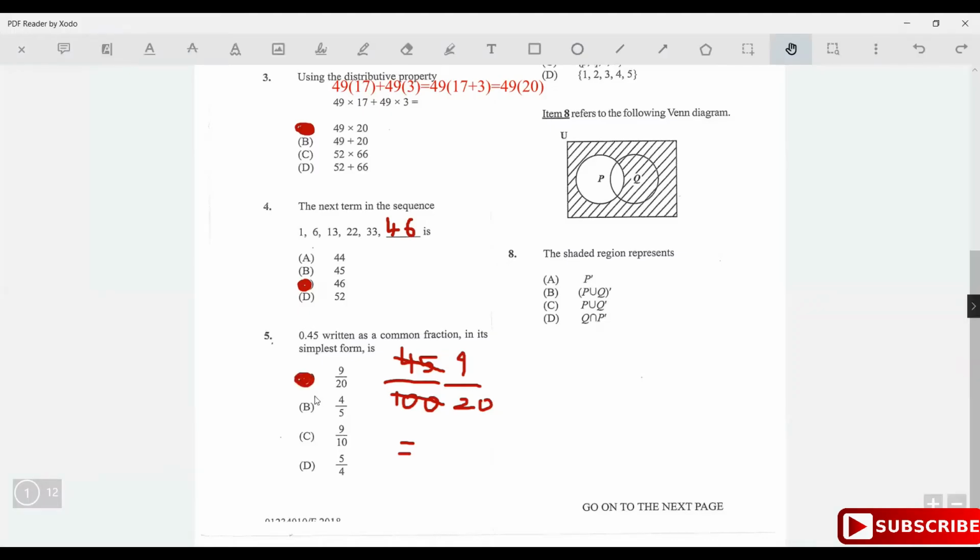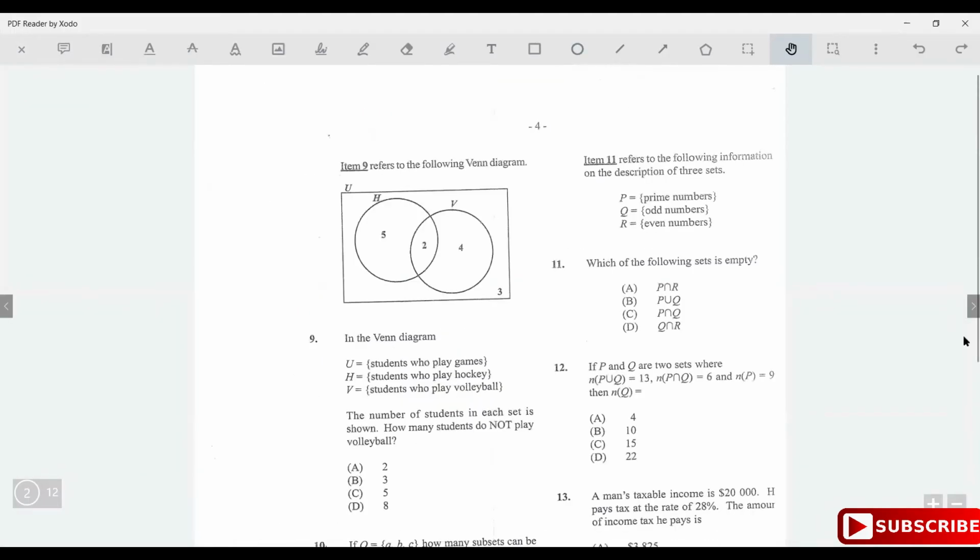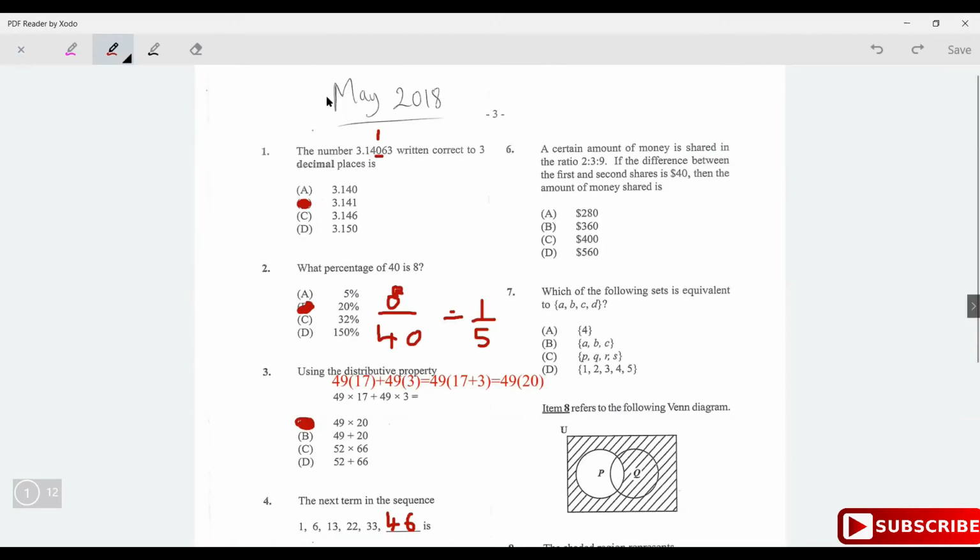All right. Oh, we didn't look at the other side. 2, 3, 9. And if the difference is 40, then the amount of money shared is, well, the difference between the first and the second. First thing I notice is that 2 plus 3 plus 9 is actually 14.